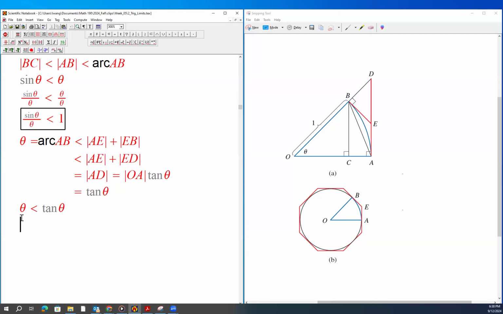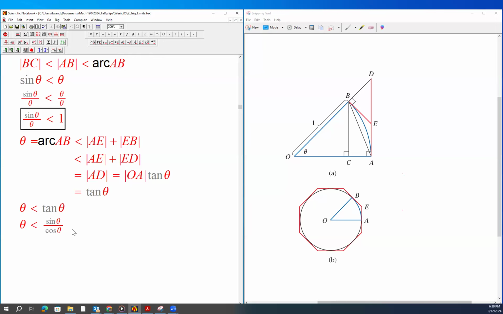Since we know theta is less than tangent theta, and tangent theta is equal to sine theta over cosine theta, what are we going to do?